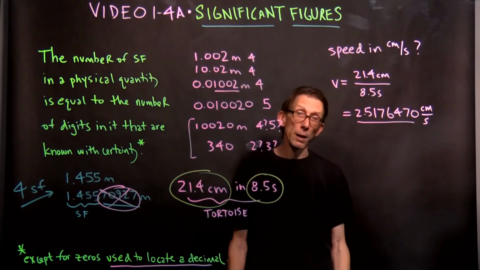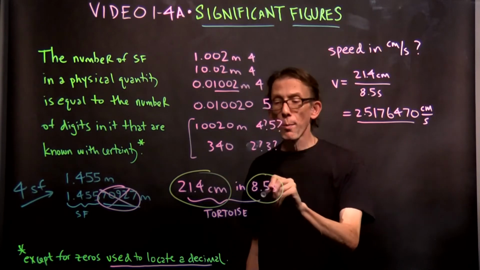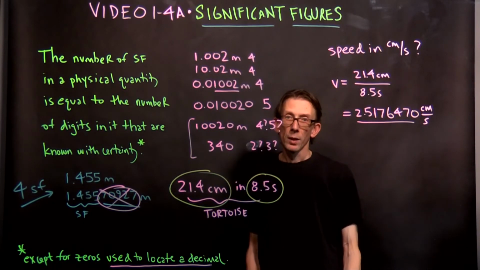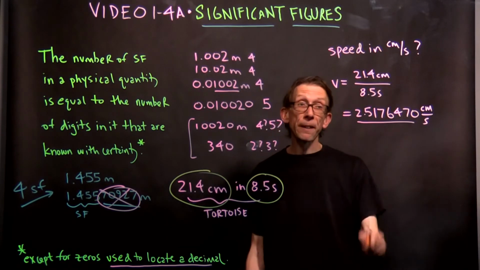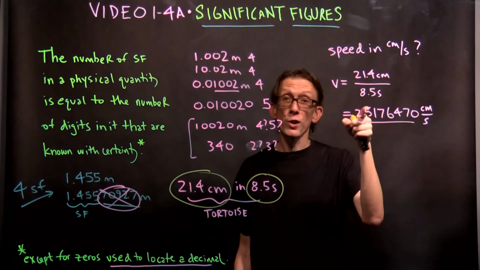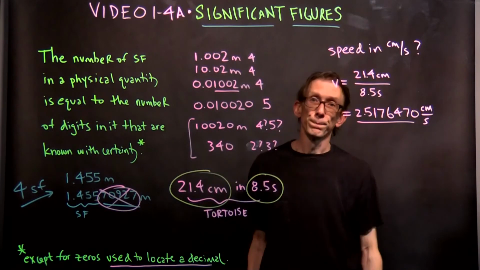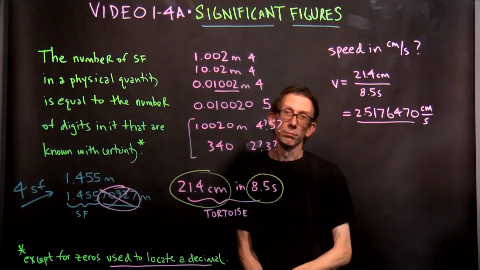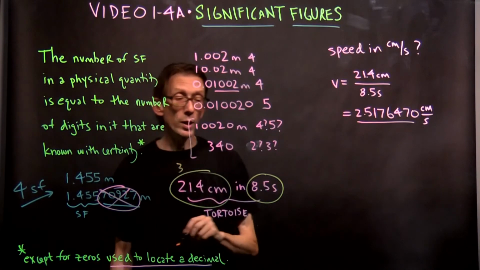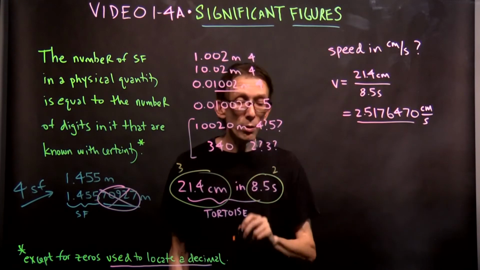The rule of thumb always is to look at the numbers you were given originally. The number of significant figures in the answer has to be equal to the least number of significant figures in the data you're given. So this one here, the distance, is 3. This one here, the time, is 2.